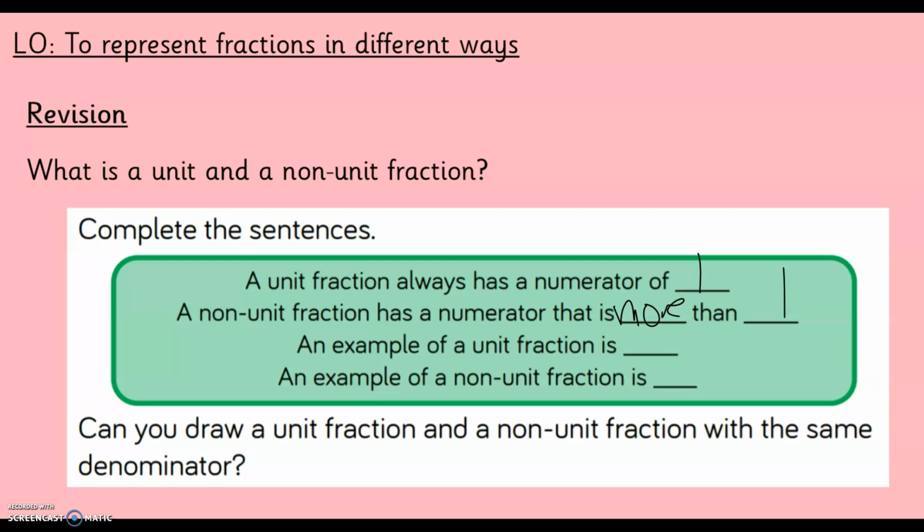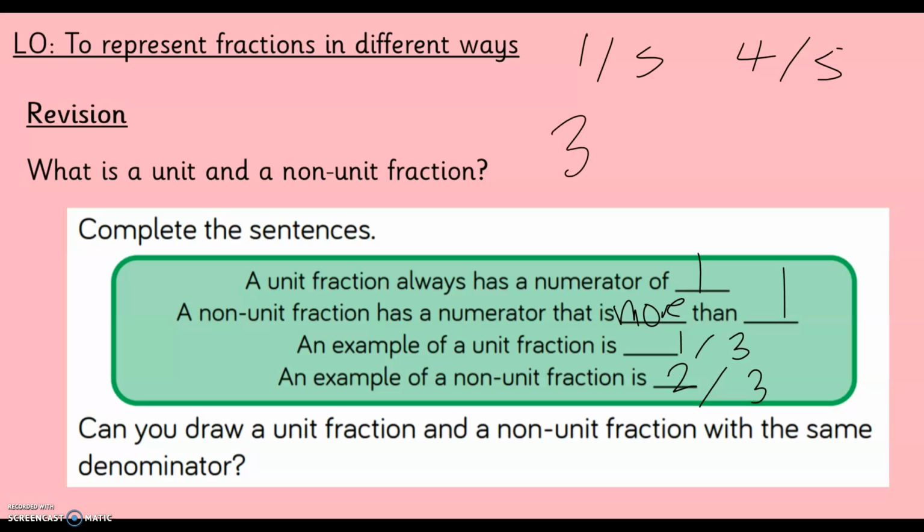Though I don't think you'll ever have 1 million in a fraction, but for the purpose of this conversation, that's what it could be. An example of a unit fraction could be 1/3. Any fraction that has a 1 at the top and a number that is bigger underneath. And an example of a non-unit fraction might be 2/3. Let's have another think. Can you write a unit fraction and a non-unit fraction with the same denominator? I could have had 1/5 and 4/5.